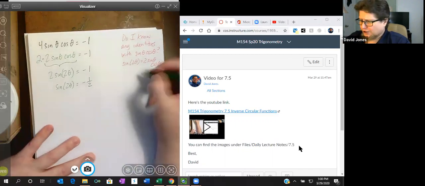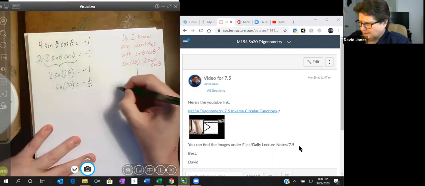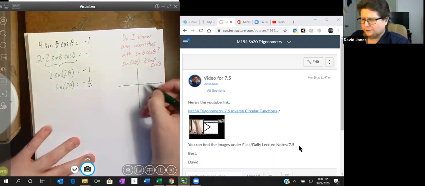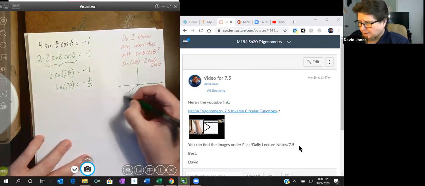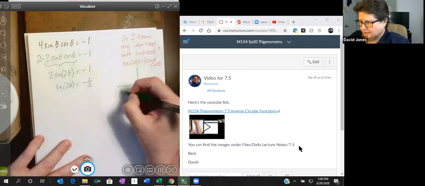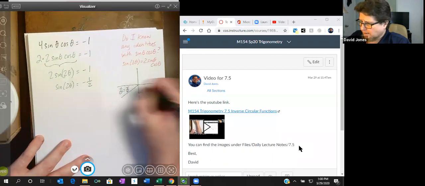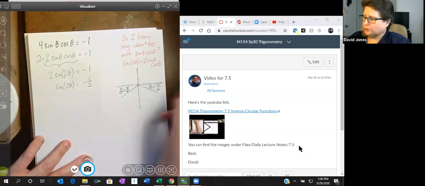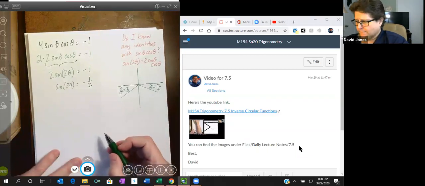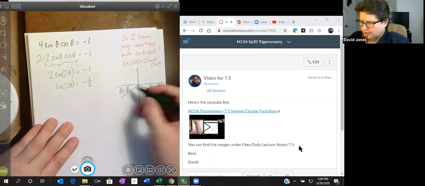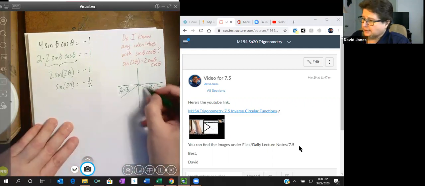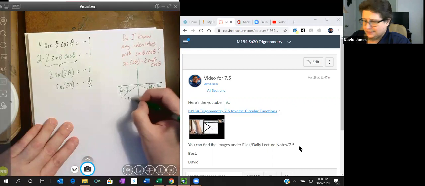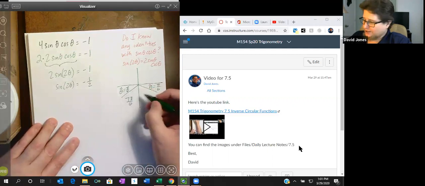Where does that occur? 1/2 is a reference angle of 30, or pi over 6. And it's in quadrants 3 and 4. So this occurs at 7 pi over 6 and 11 pi over 6, right?